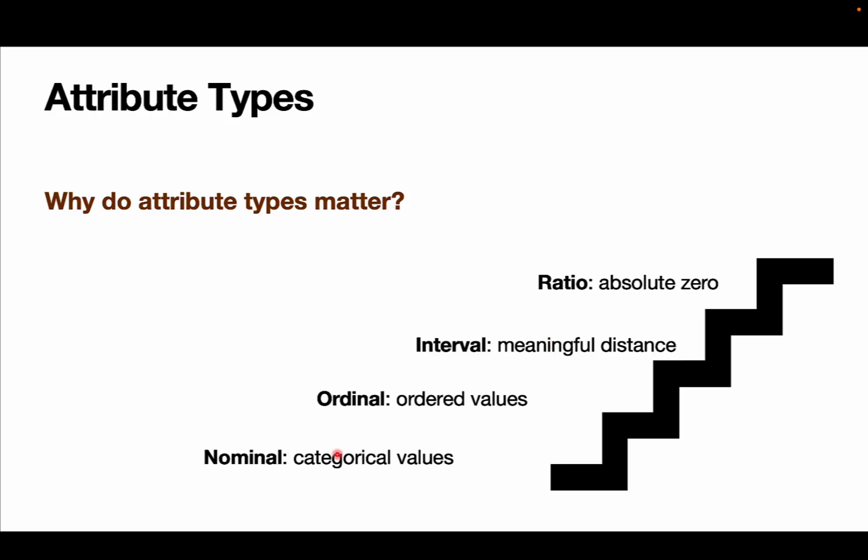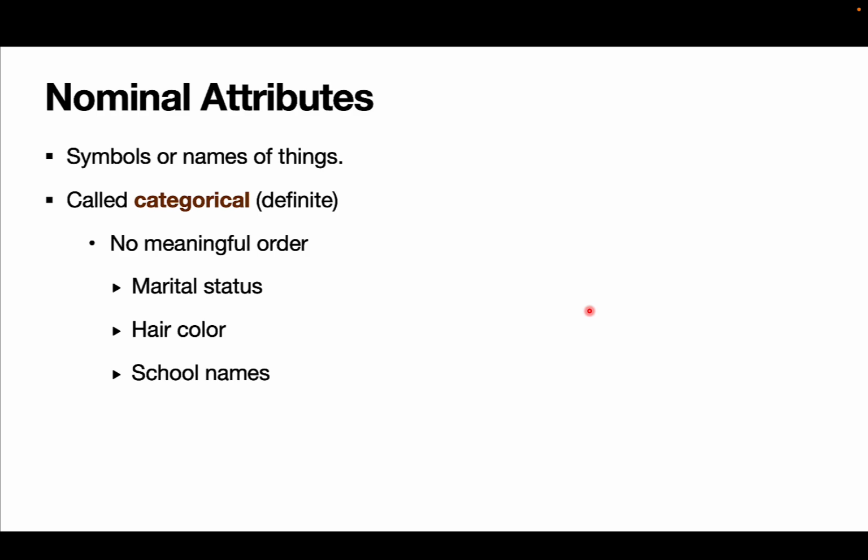We are going to study 4 types, which are nominal, ordinal, interval, and ratio. Nominal attributes are simply names of categories. Order here does not matter. Some of the examples: marital status, hair color, and school names.